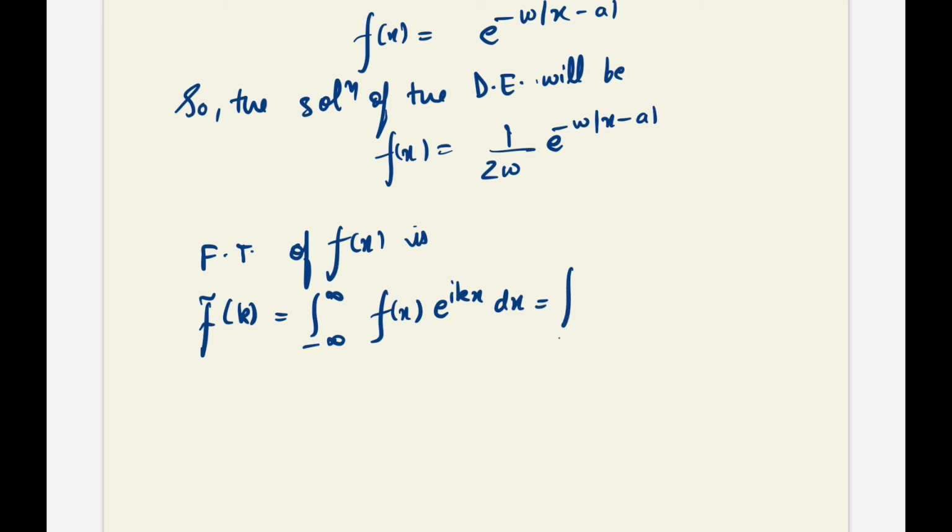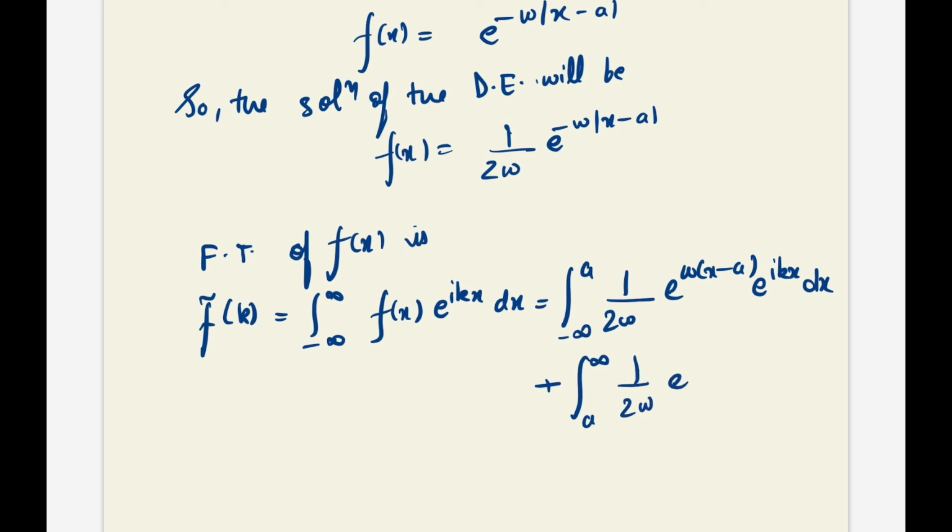This becomes minus infinity to a, 1 over 2 omega e to the power omega x minus a, e to the power ikx dx, plus a to infinity, 1 over 2 omega e to the power minus omega x minus a, e to the power ikx dx.